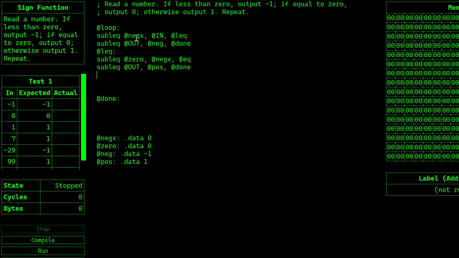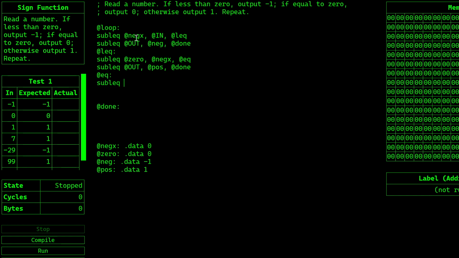Now, if it was neither positive nor 0... Right, and now we have to define at eq, which is when we got a 0. That's easy.